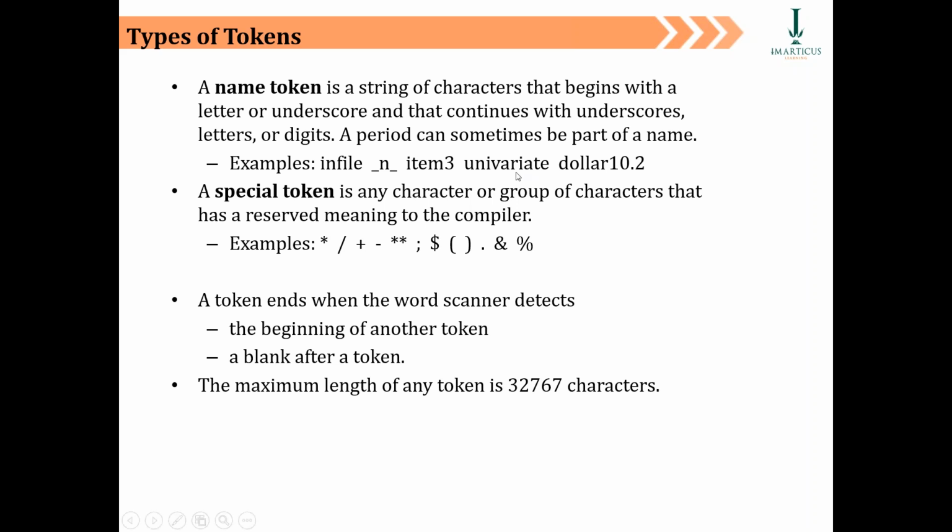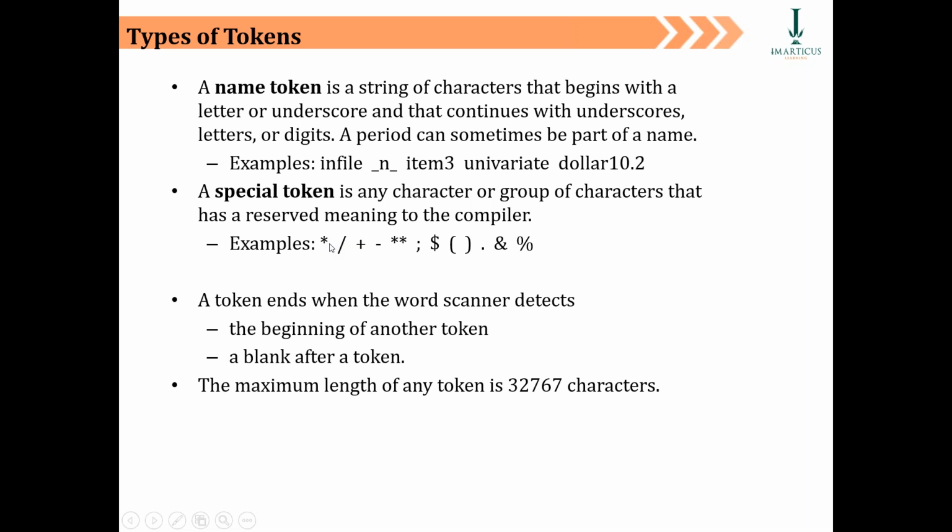For example, in file n equal to item 3 univariate, then dollar. Similarly, we can also use some of the special tokens in this context, which are also read by SAS.